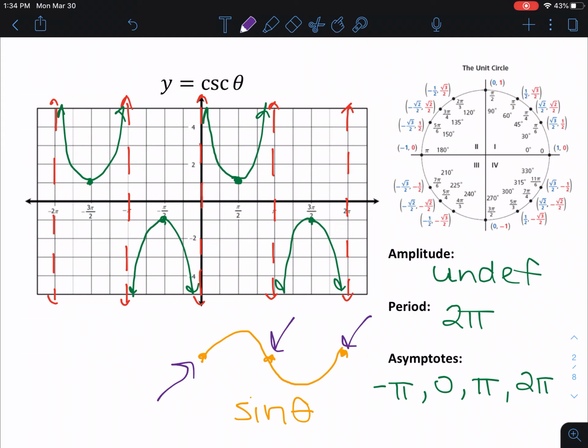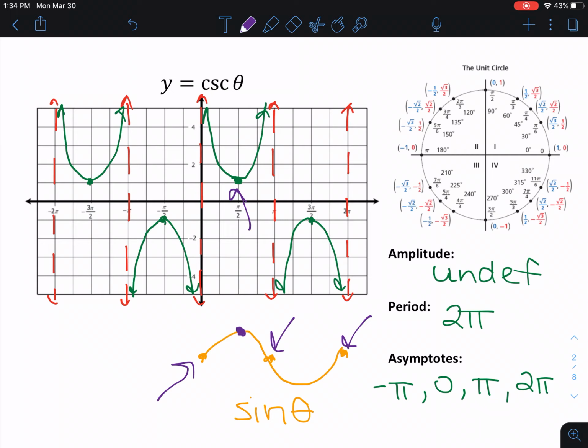And then on the sine wave, at that point right there, that would represent 1. If we take the reciprocal of 1, that is still 1. So you can see that represented on the graph right there.